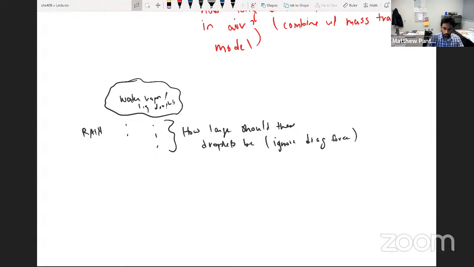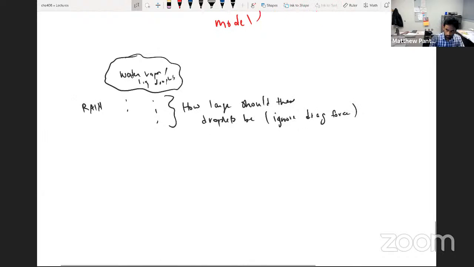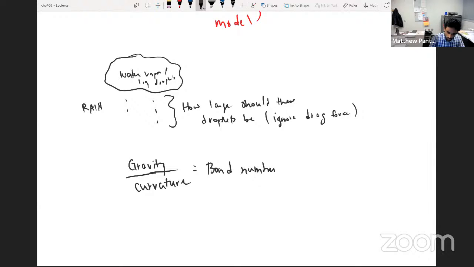So there is a relationship for this, and it is called the Bond number. If you want to compare gravity to this curvature force, it's the Bond number, which we have as Bo.